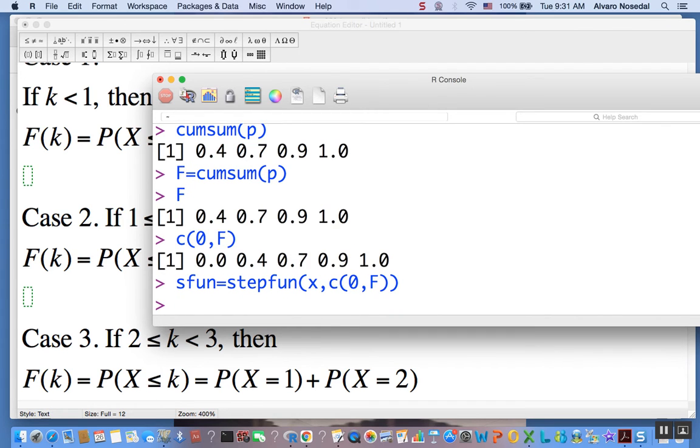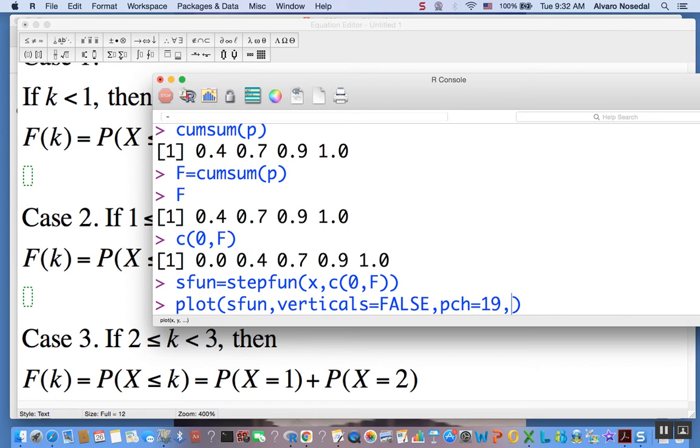Okay, so now let's just use that command, plot. We want to plot our step function. We have a few options here, a few parameters. So verticals equals FALSE, pch equals 19.